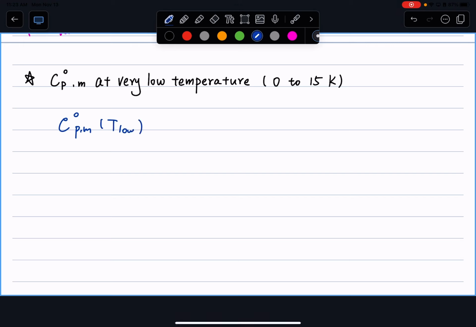Low temperature means 0 to 15 K. We're saying that the heat capacity is roughly equal to A, a constant, times the cube of your temperature. A is some constant, and this relationship is derived purely theoretically from statistical mechanics.